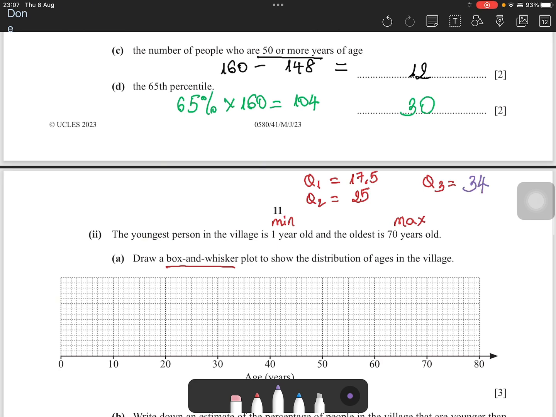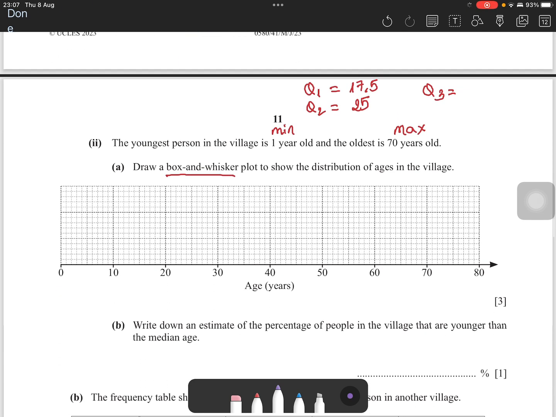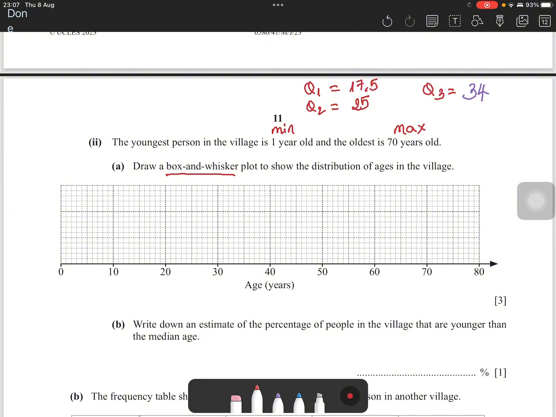So now we can draw the box and whisker plot. First of all, the minimum value is 1. Here it is, 1. And the maximum value is 70 years. Here it is. Now, Q1, the lower quartile is 17.5. 17.5 is here.